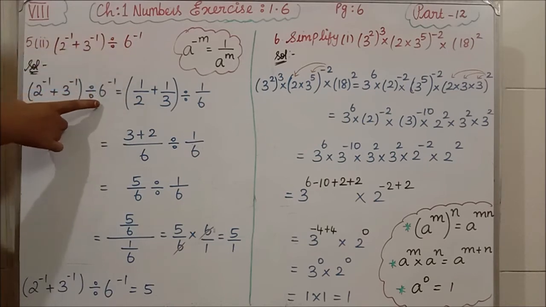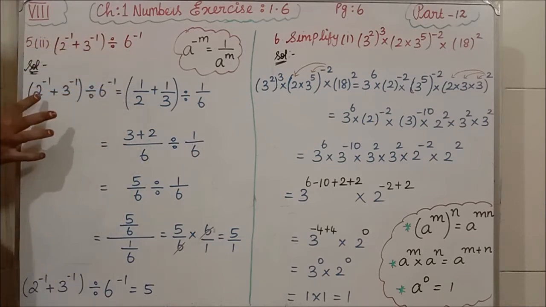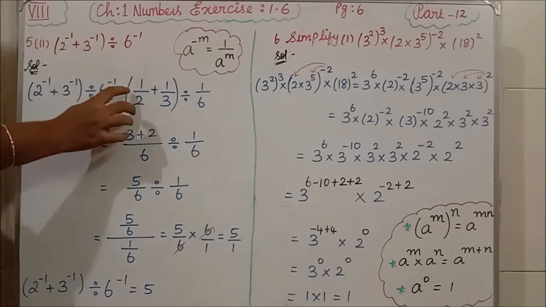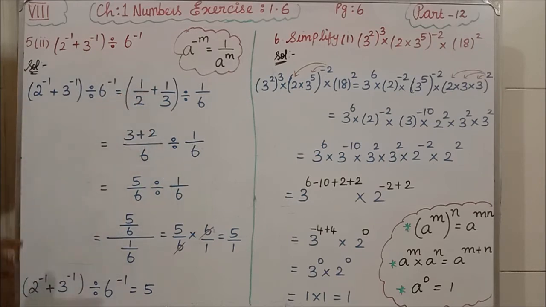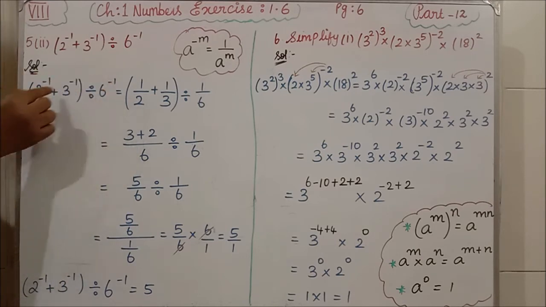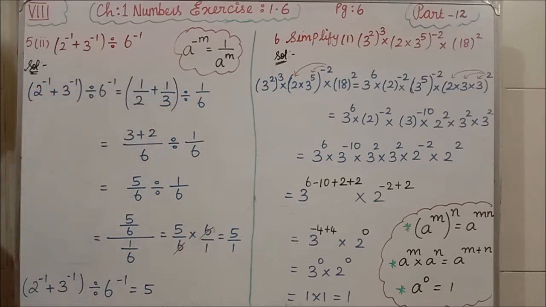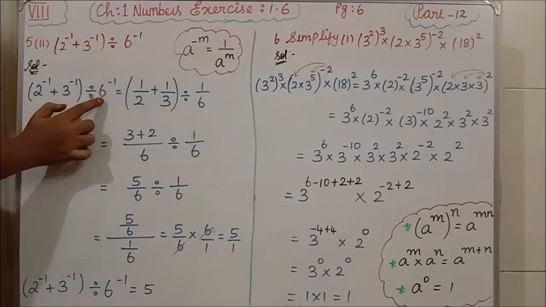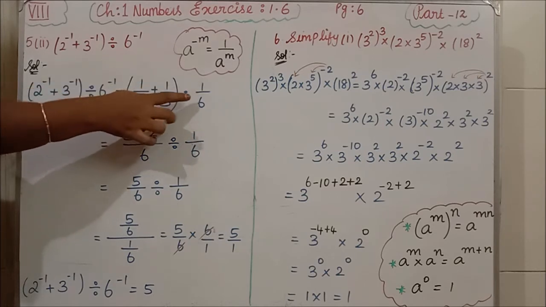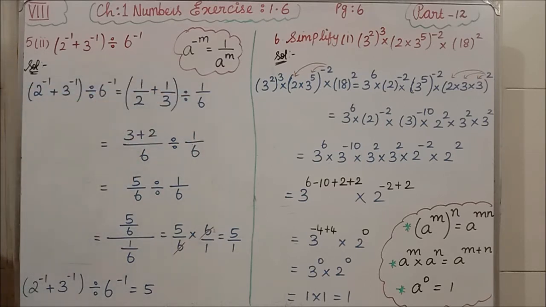I have written the question: 2 power minus 1 means 1 divided by 2 power 1. I told you before itself, if the power is 1, it is understood that it is the same number only. Now plus 3 power minus 1 means 1 divided by 3, divided by 6 power minus 1 means 1 divided by 6. Clear?